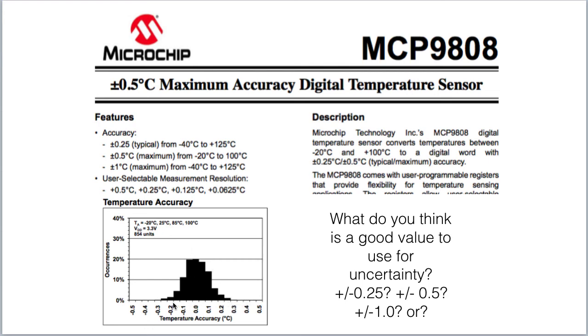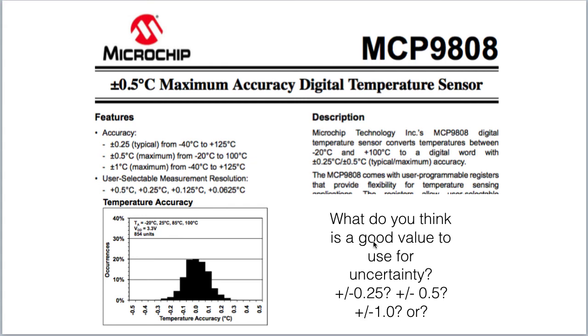And we see that very seldom do they get to much more than a quarter of a degree Celsius plus or minus. So they're claiming plus or minus 0.5 degrees Celsius maximum for their sensors. So typically 0.25, plus or minus 0.5 maximum.